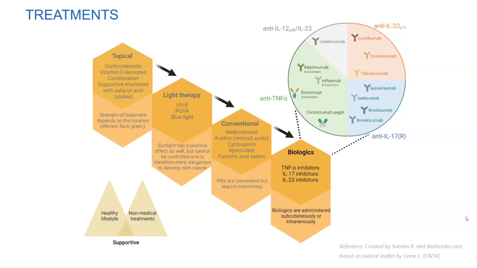If this is not enough, or there are a lot of adverse events because of the topical treatment, or the patient is done with constantly using the creams, we can go to the light therapy. The downside is that if light therapy is used too much, they have a higher risk of non-melanoma or melanoma skin cancer.